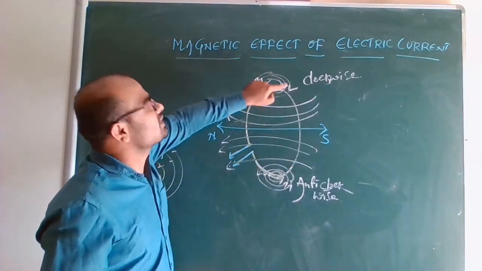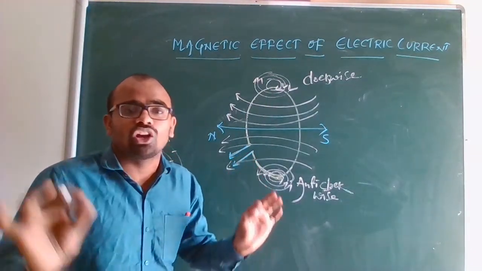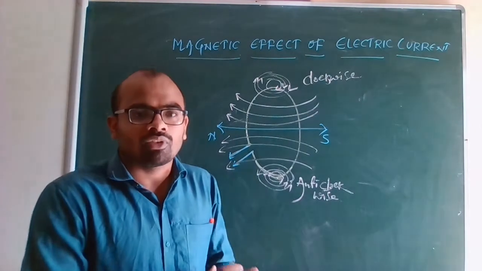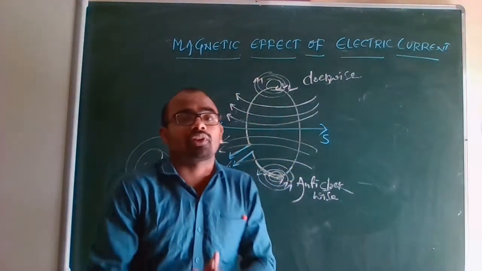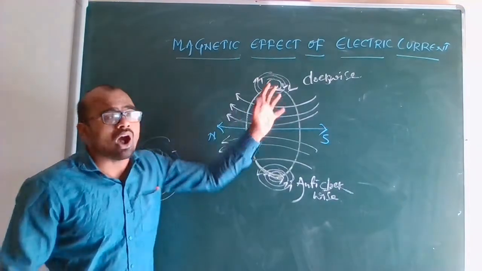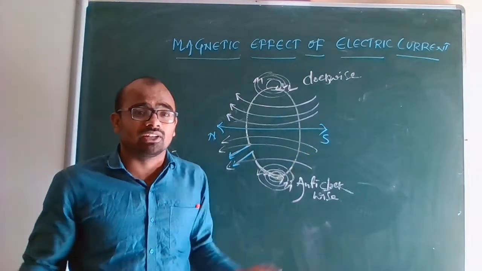And these concentric circles represent the magnetic field around the circular loop. I hope this much is clear. There may be two directions, clockwise or anti-clockwise. And see, as they move away from the circular loop, the circles will become bigger and bigger.